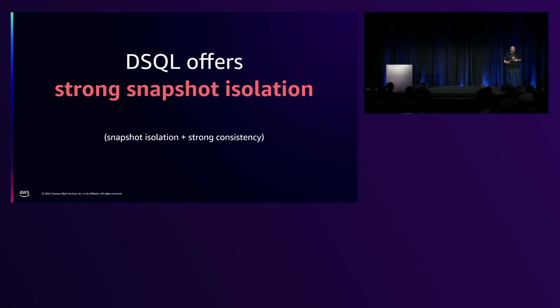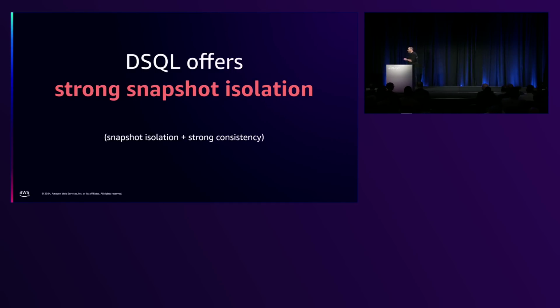And this is a bit of a turnaround for AWS and for Amazon, right? We started as one of the big proponents of eventual consistency. 15, 20 years ago, we were talking about all of the scale benefits of eventual consistency.